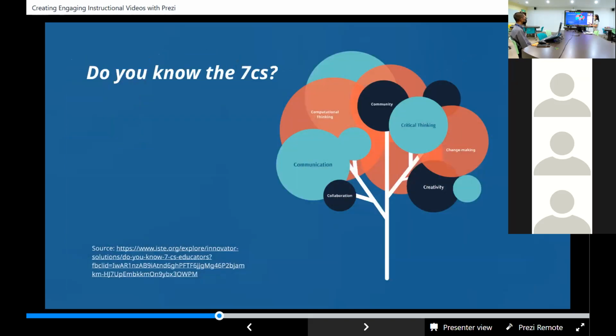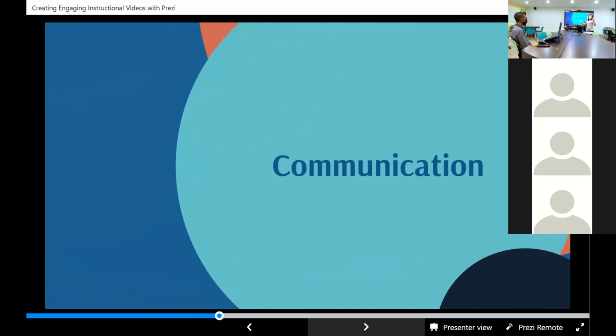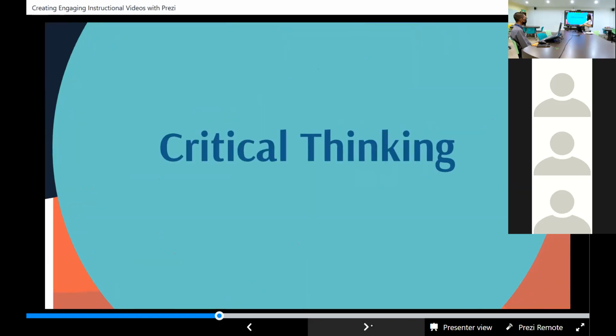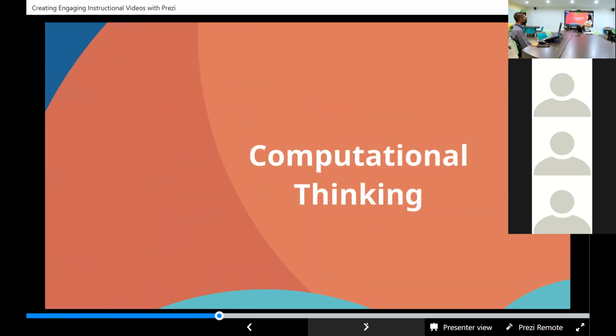So now we have the 7 C's. What are these 7 C's? We have the 4 just now: communication, collaboration, critical thinking, creativity, and now we have computational thinking. In some literature, you will find critical thinking put together with computational thinking, but they are not exactly the same.